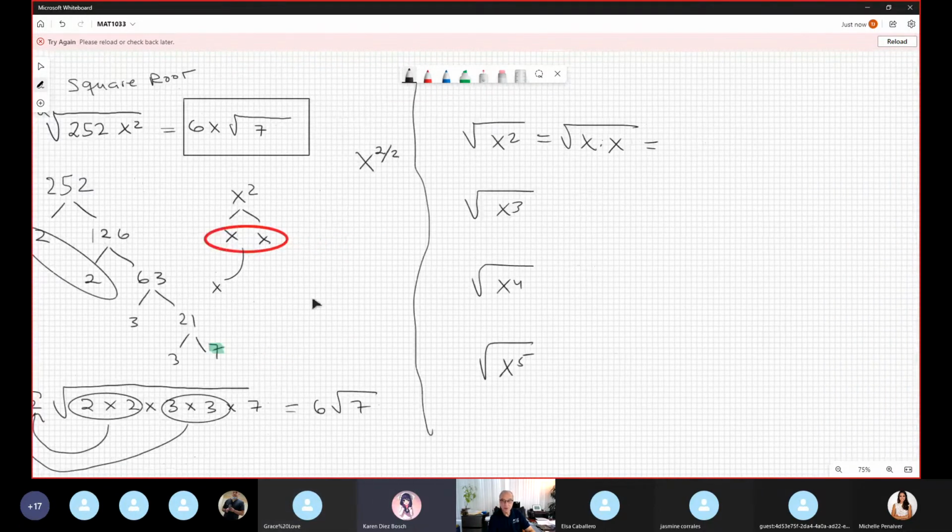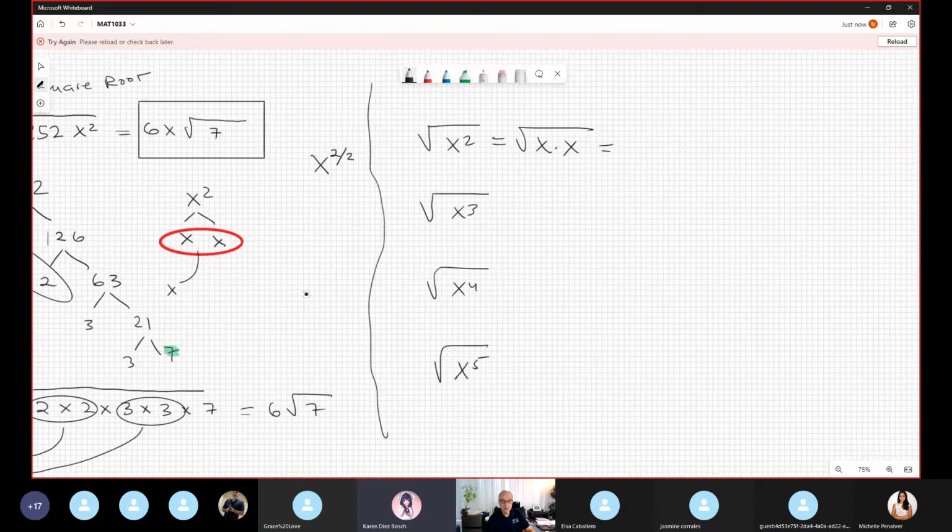Yes. Now I explain that a couple of factors go outside the radical, and inside the radical we have nothing. Okay, so whenever they pair up, then the x goes outside. Exactly. This is the idea. But let me finish. You asked me, I try to explain.